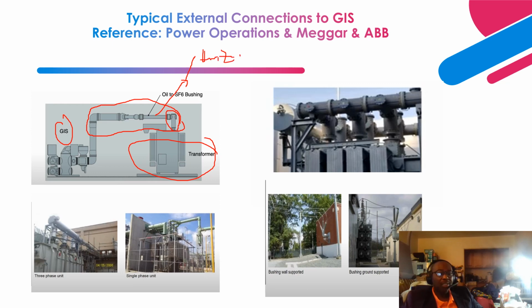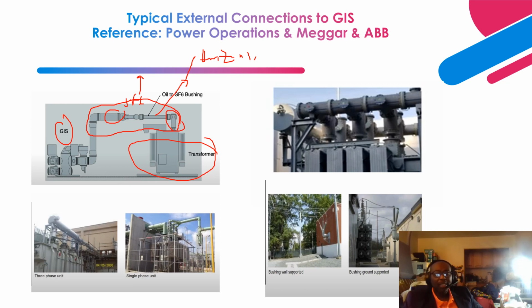On this side is oil, and on this side is SF6, which is why they call it an oil to SF6 bushing. That is what separates the oil side from the SF6 as a dielectric or insulating medium.